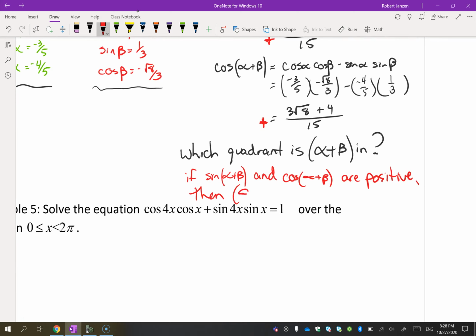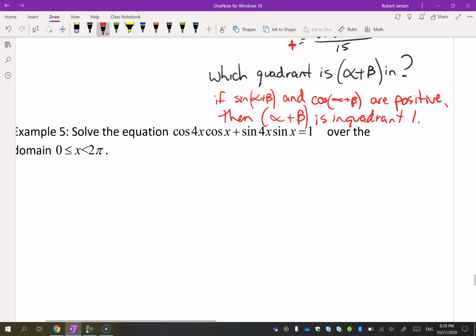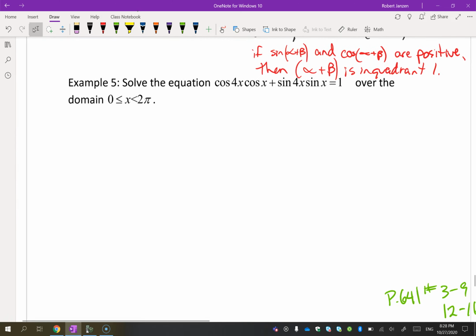Then alpha plus beta is in quadrant 1. So that's a little trick question at the end there for you to think about a little bit.